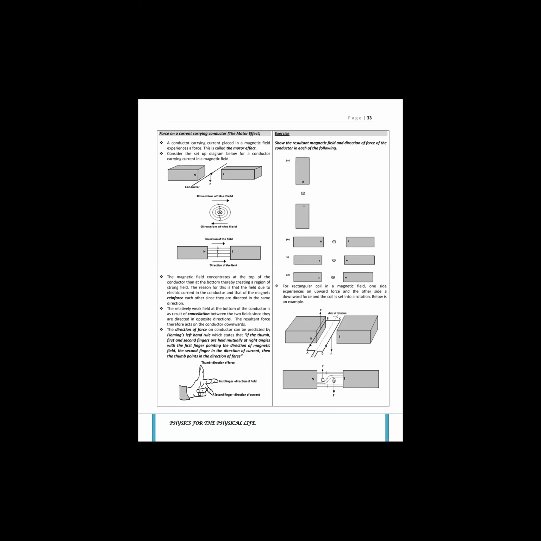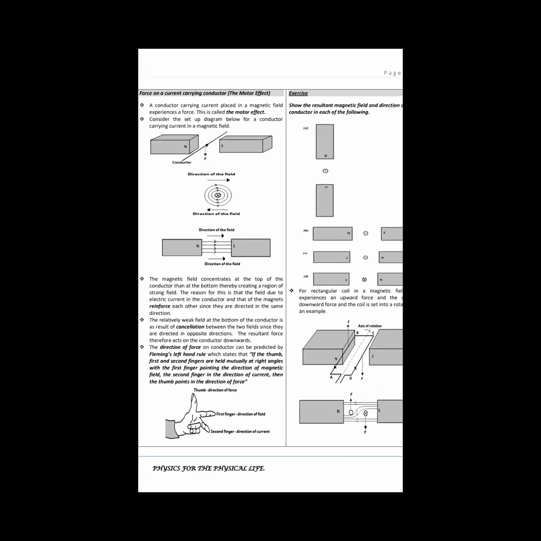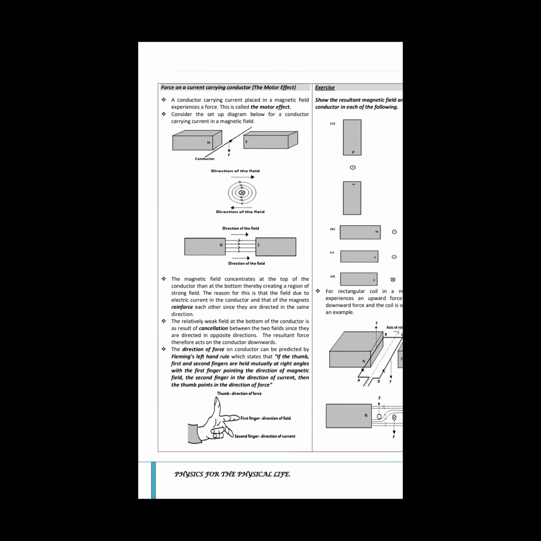Now, let us consider this setup in this diagram for a conductor carrying current in a magnetic field. We'll go back to that current up and current down after this concept.